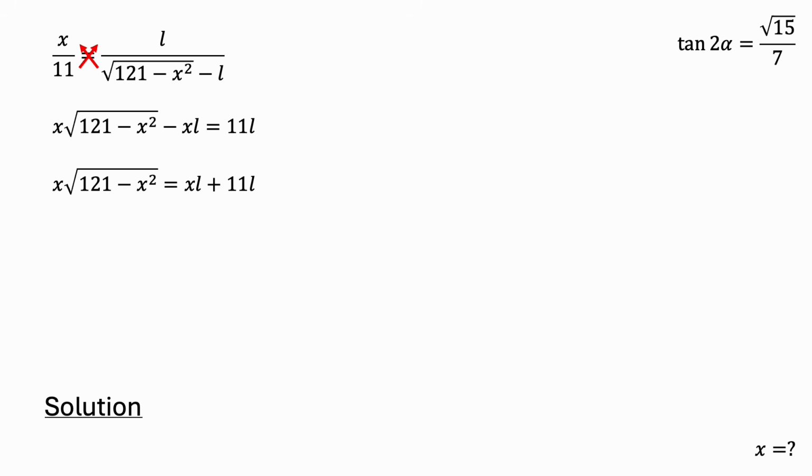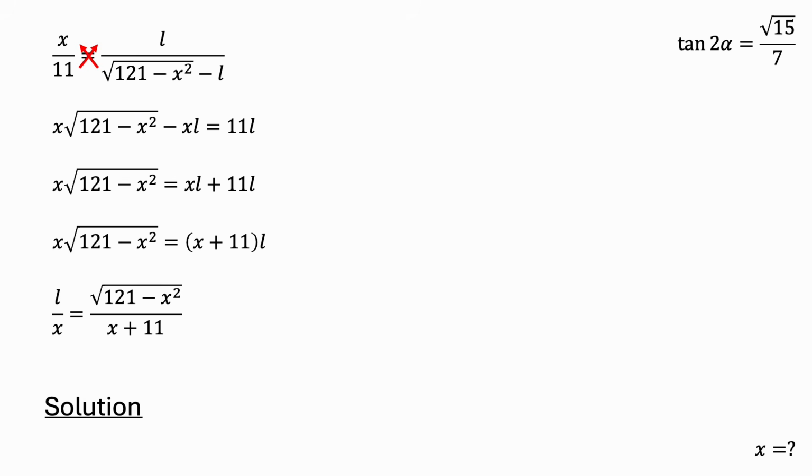After moving xL to the right hand side and factoring the right hand side, we obtain L over x equals square root of 121 minus x squared over x plus 11.